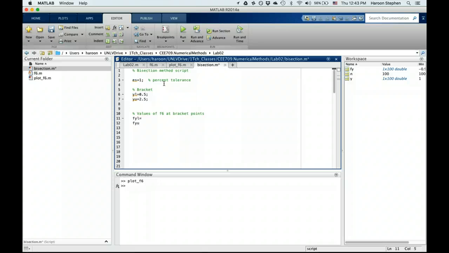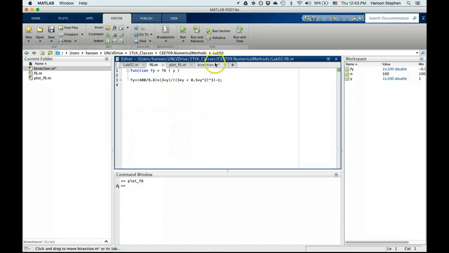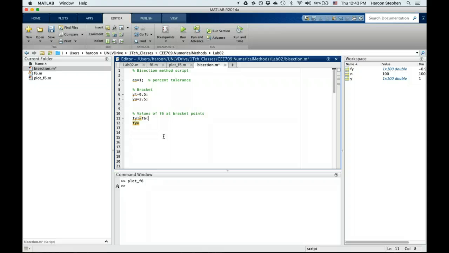We take the f6 function, which we have already defined here, and call this f6 function with these values of yl and yu. And now let's check if the product is less than 0 or not.